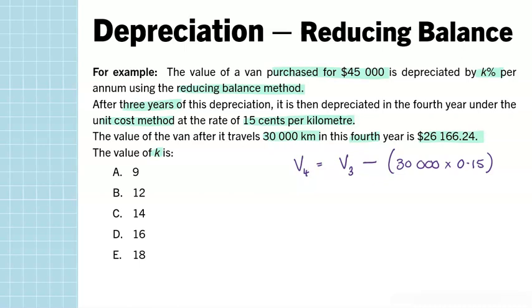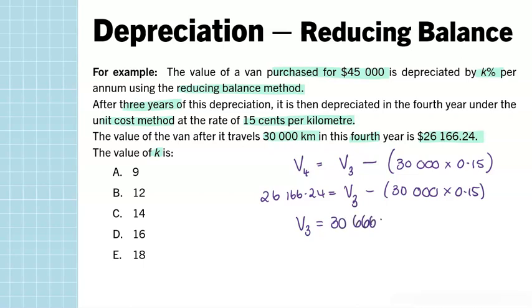And so when we want to work backwards from there, we've got the 4th year value we know, and we can solve for what was that 3rd year value. And when we do that, we find our value at the end of the 3rd year was $30,666.24.